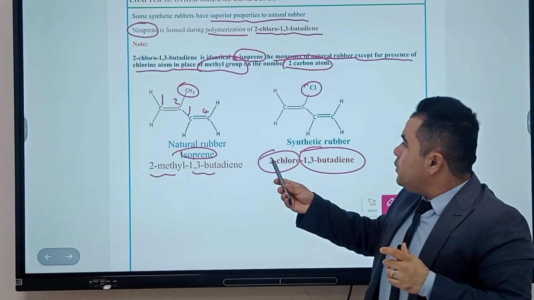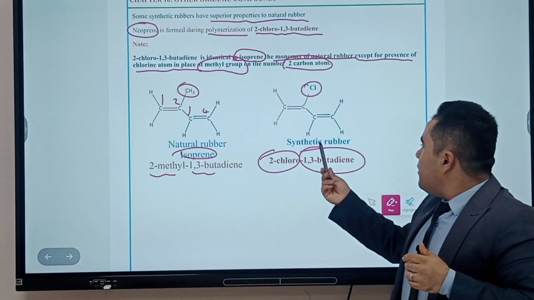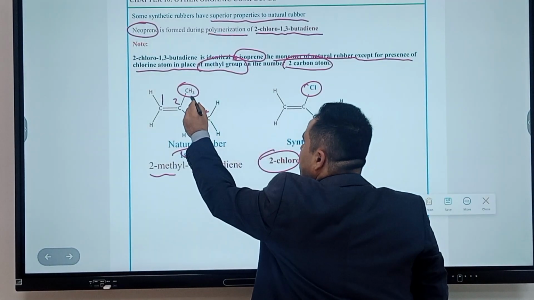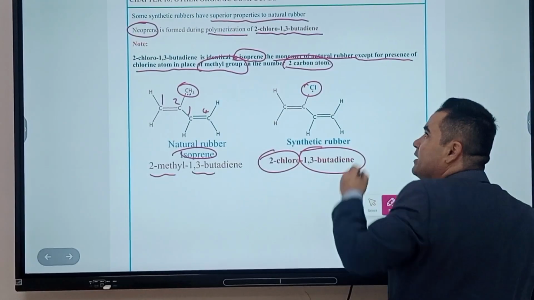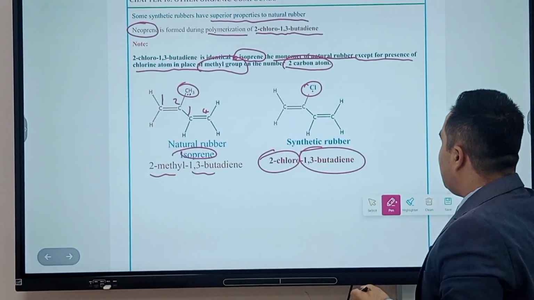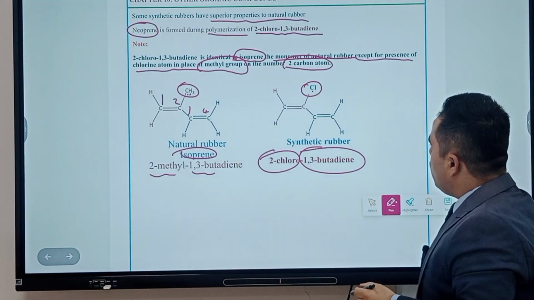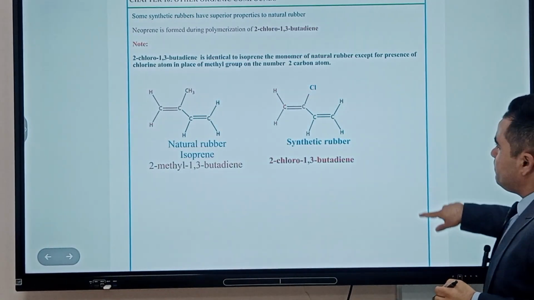So the difference between isoprene, the natural rubber, and the synthetic rubber is that the natural rubber has a methyl group, while the other has the alkyl halide group, 2-chloro-1,3-butadiene, instead.